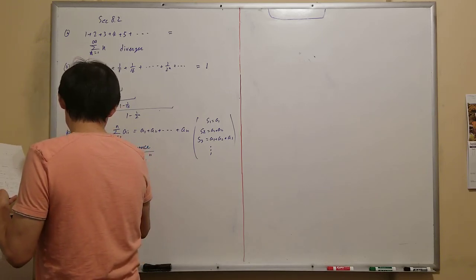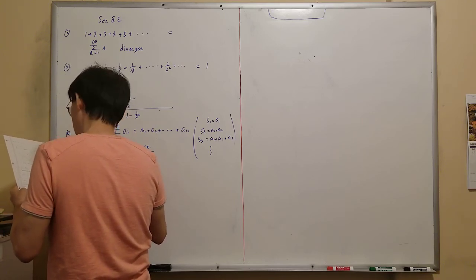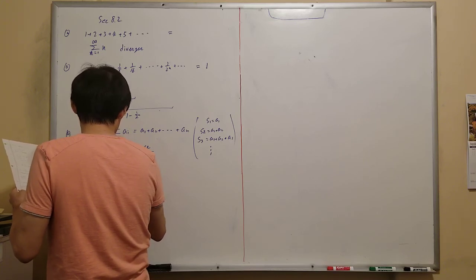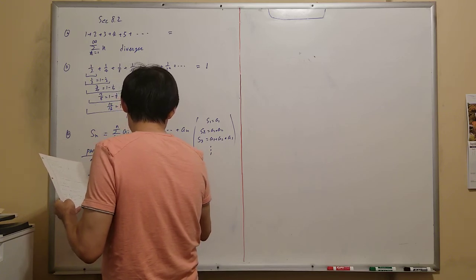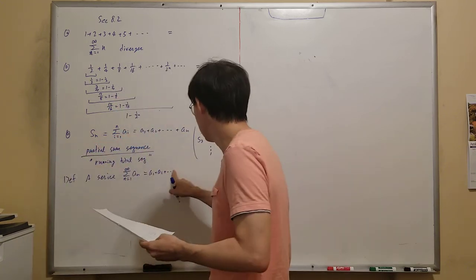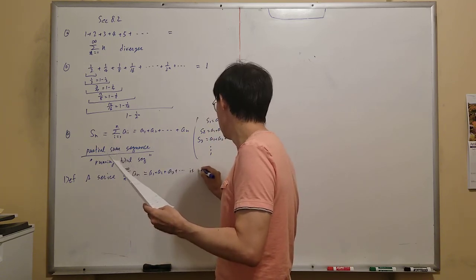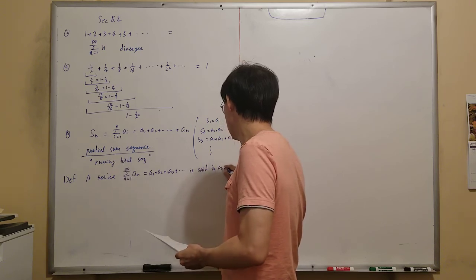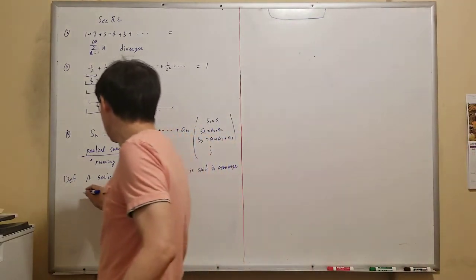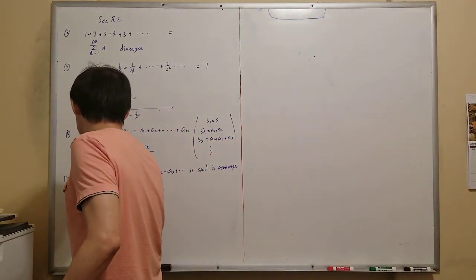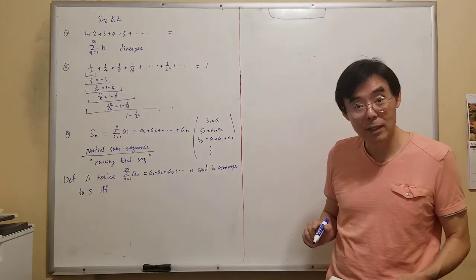A series, just an additive expression, okay? Forever, is said to converge to lowercase s if and only if the running total is approaching s.